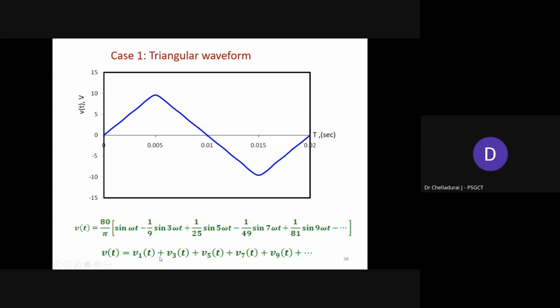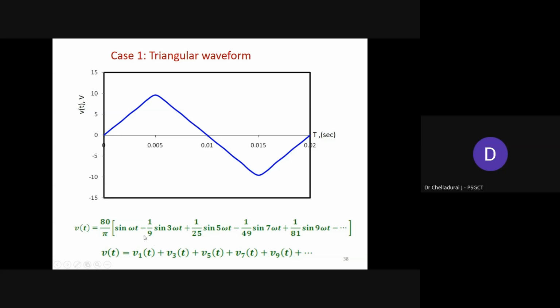Only five different harmonic orders are given in that mathematical expression. So after applying the Fourier series for this wave shape, we will get this mathematical expression.